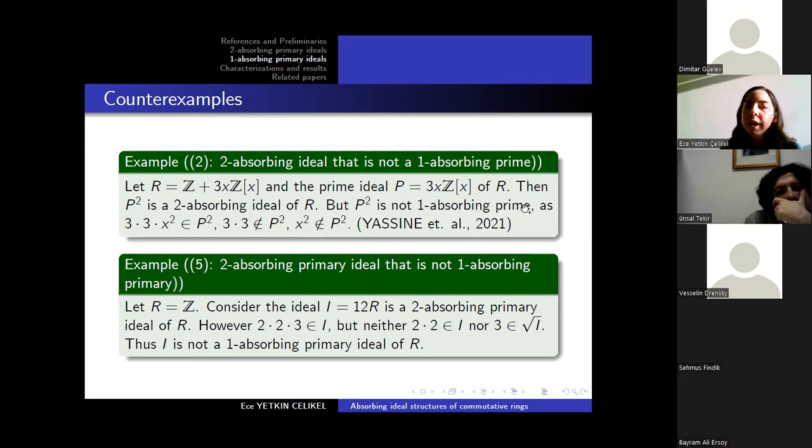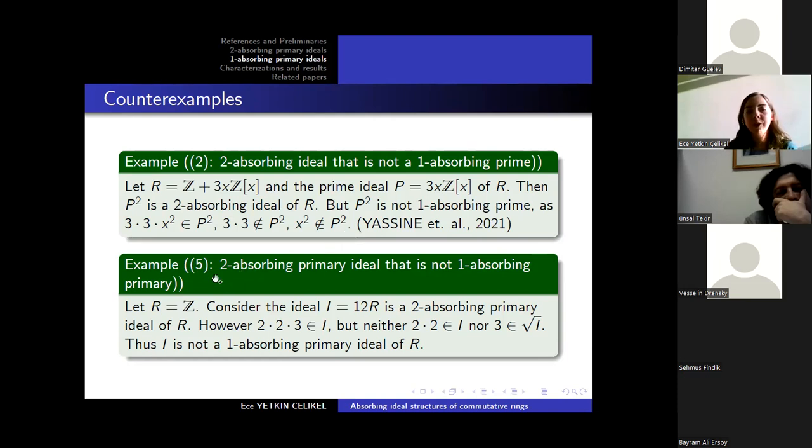Now, as you can see, 3 times 3x squared is an element of P squared. This is 9x squared, and this belongs to P squared here. But 3 times 3, 9, does not belong to P squared, and x squared does not belong to P squared again.